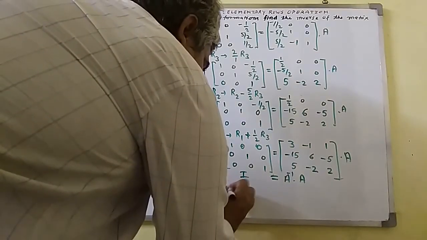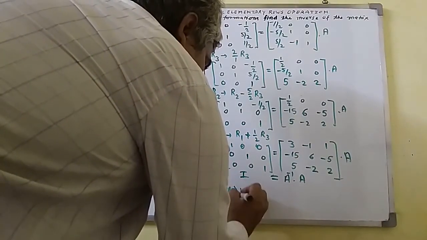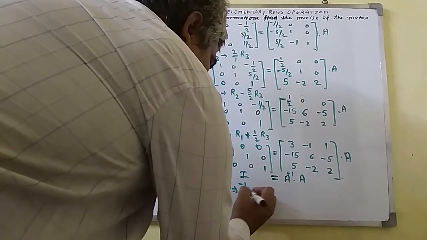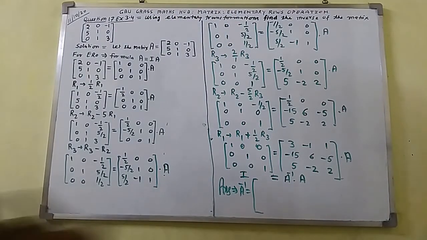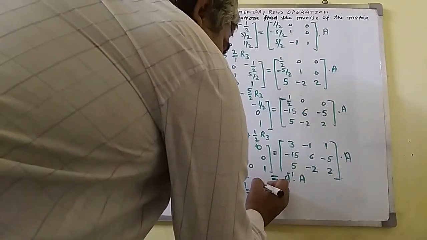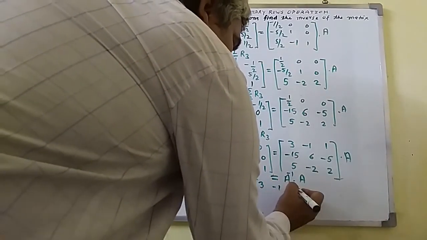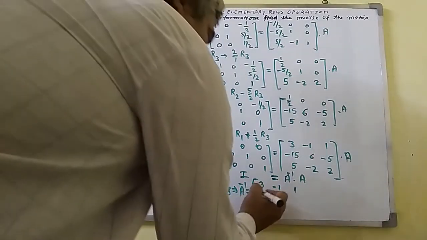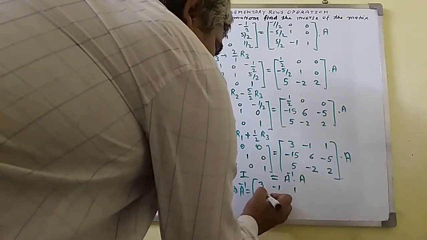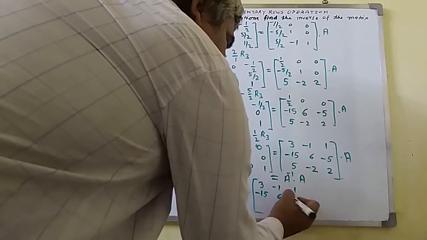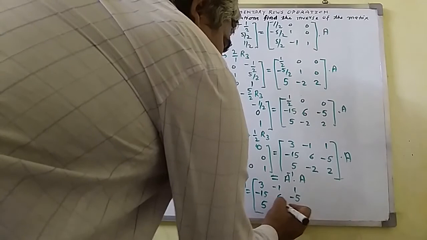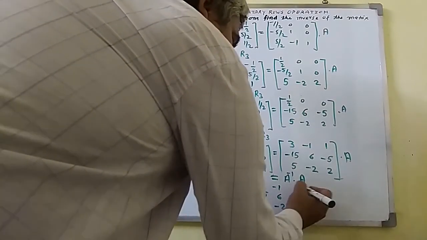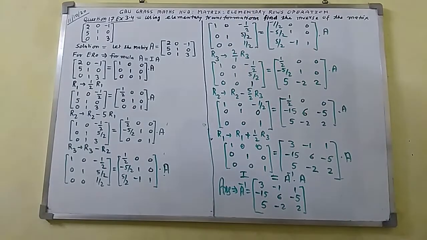So A inverse equals the square bracket: the elements of the first row 3, minus 1, 1; the elements of the second row minus 15, 6, minus 5; the elements of the third row 5, minus 2, 2. This will be the correct answer.